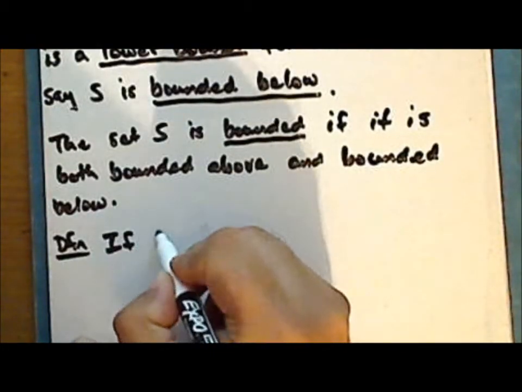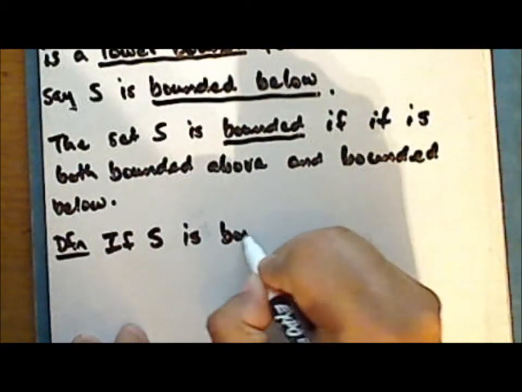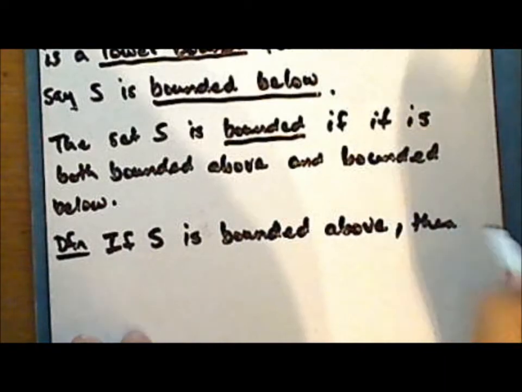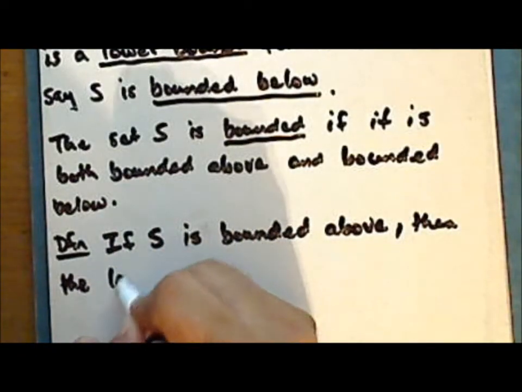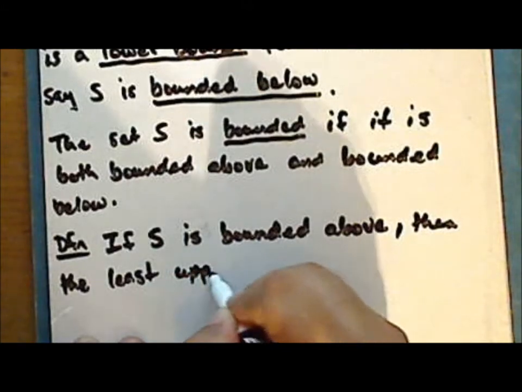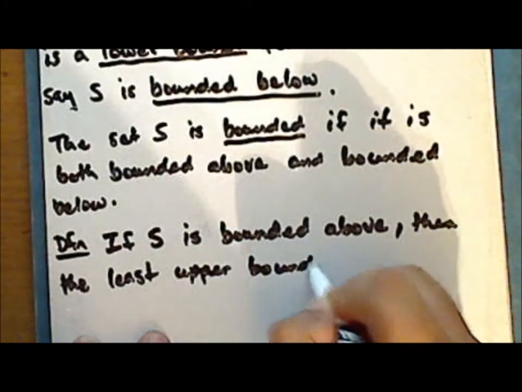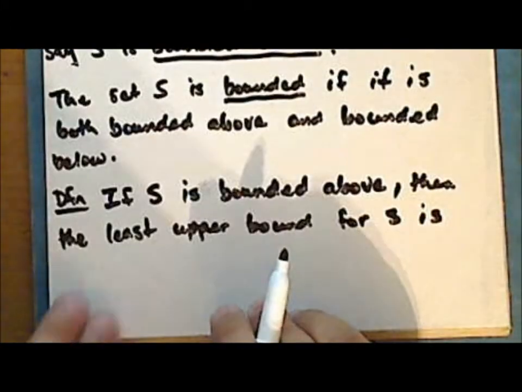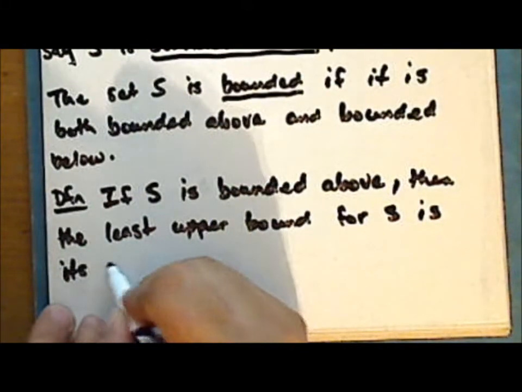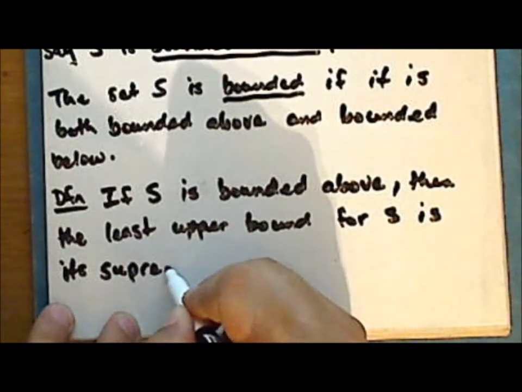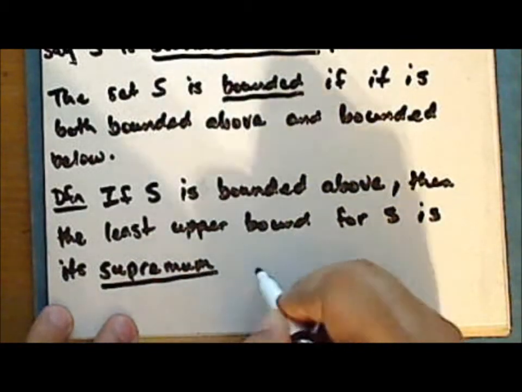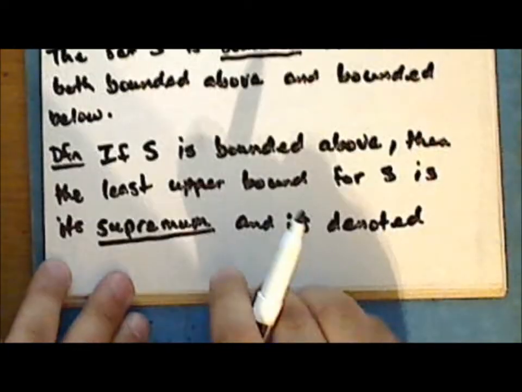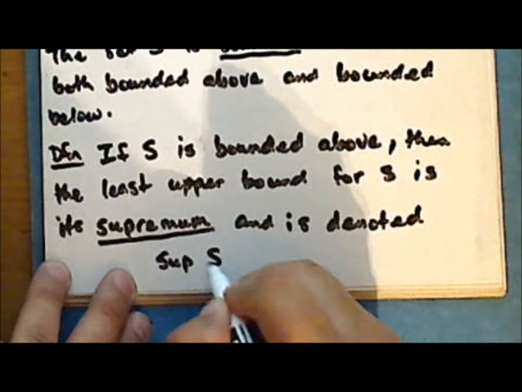If the set S is bounded above, then the least upper bound for the set S is called its supremum, and is denoted sup S.